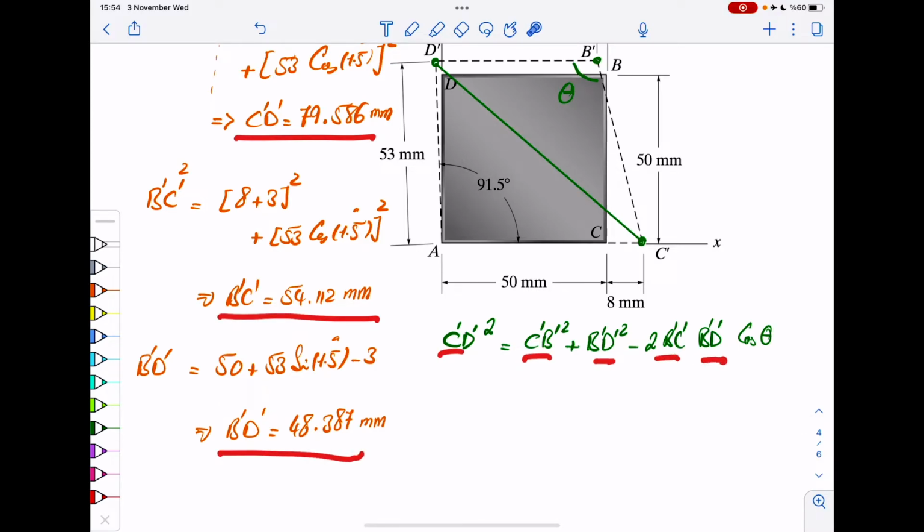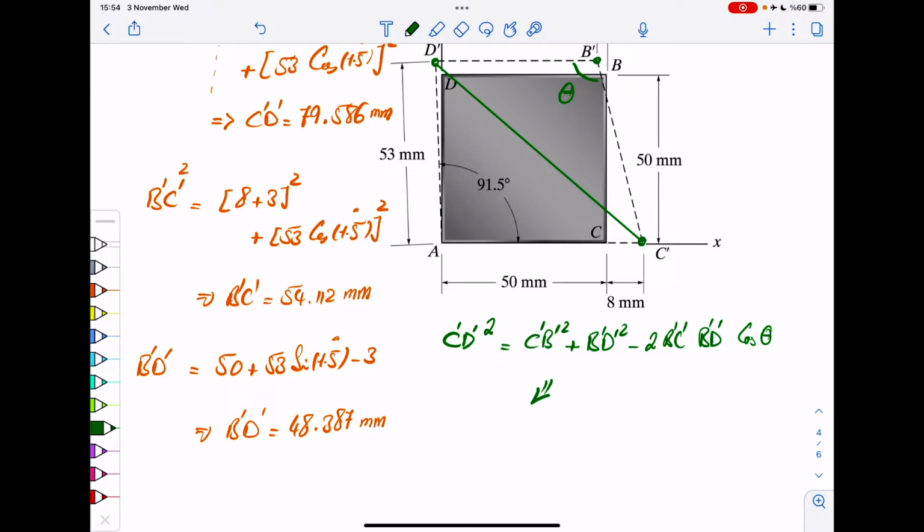You can just insert them here and calculate theta. So we do that, and theta would be 101.73 degrees. Okay, so that's theta. Now, in order to proceed, you also need this other angle at C prime. Let's call it beta, right?